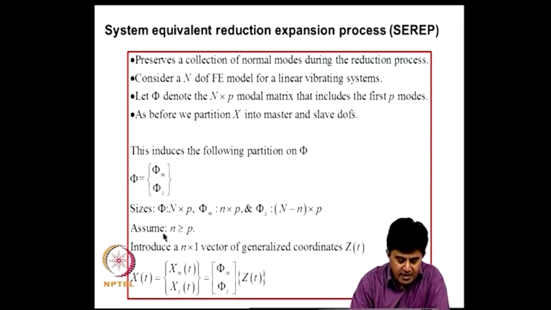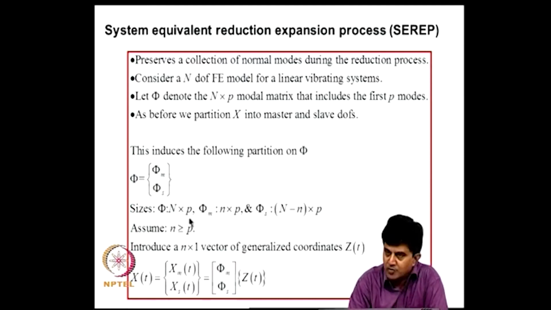What are the different sizes here? This phi is n cross p, phi m will be lowercase n cross p, where this lowercase n is the size of the master degrees of freedom and p is the number of modes retained. In dynamic condensation p was 1, now p can be more. Phi s is n minus lowercase n cross p.